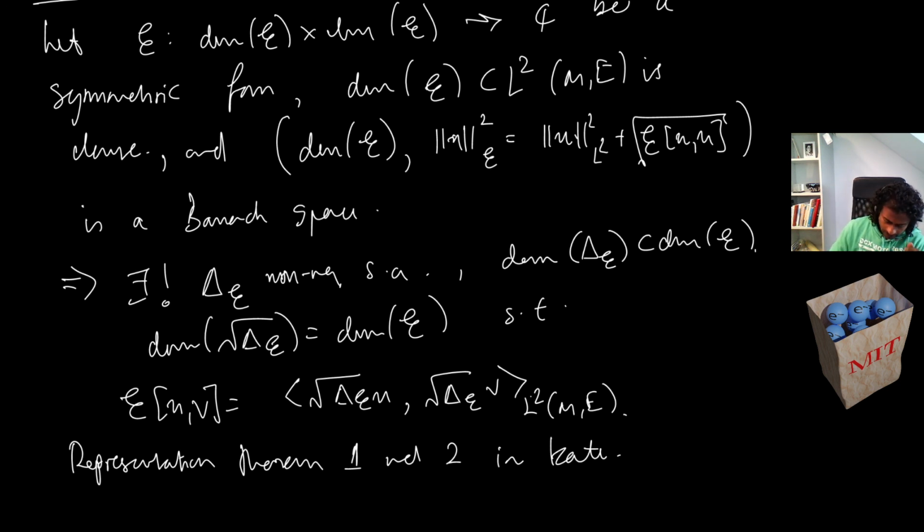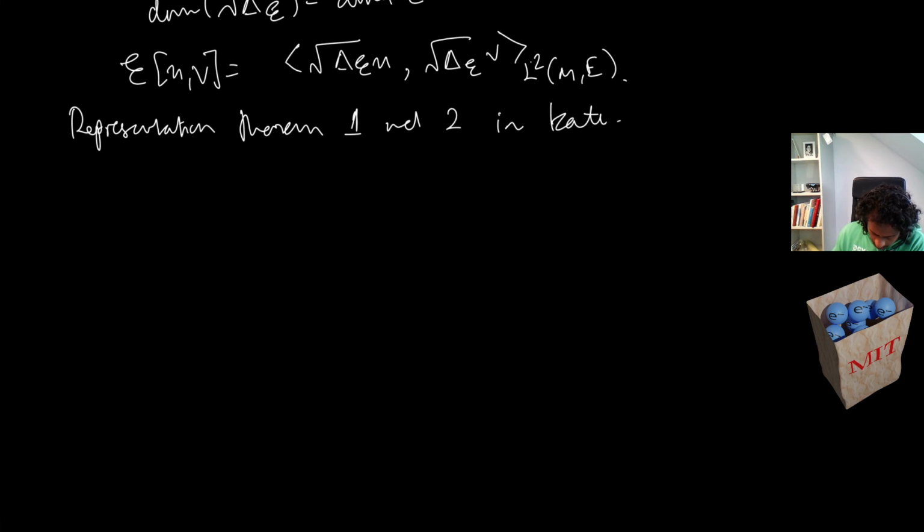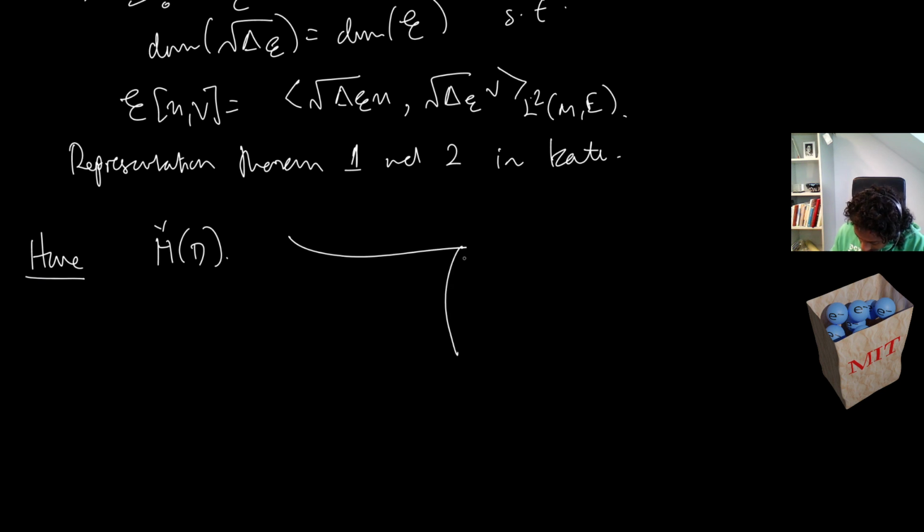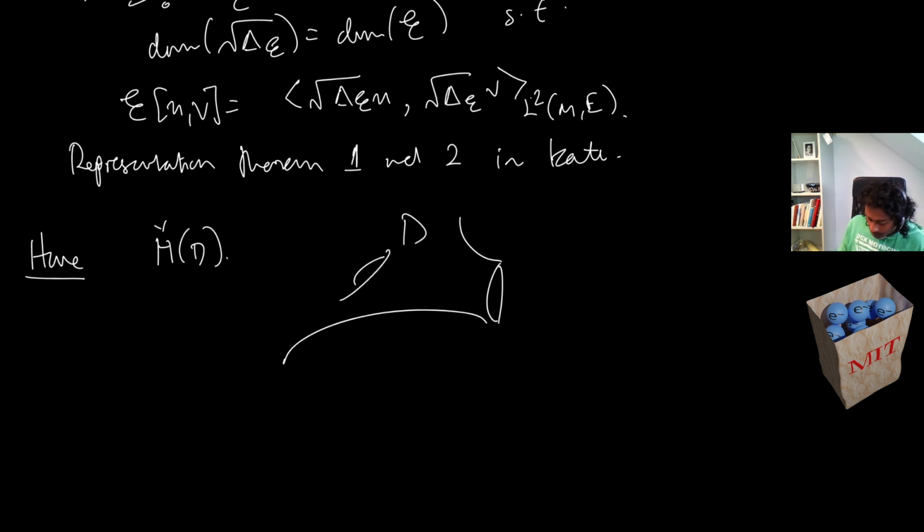Okay, so the question was about the picture that I drew before. So there I was really talking about the following scenario, right? So what we have so far is H check of D, and this is in relation to, well, I don't want to draw this too much like a cylinder, right? This is in relation maybe to D on this.